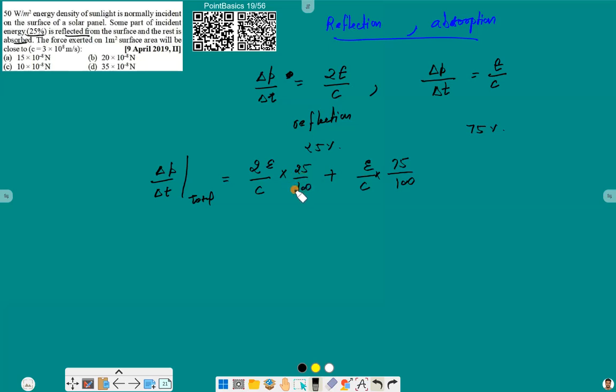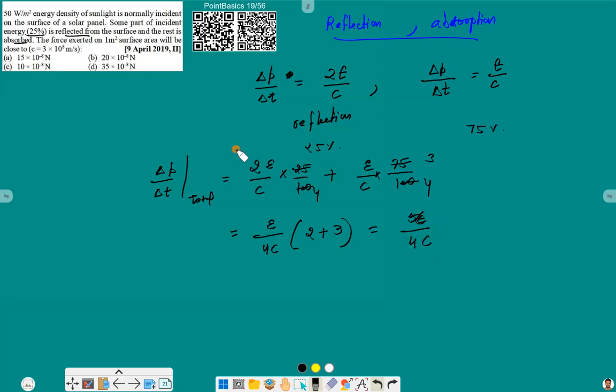And what we can do here, this will be 1 by 4, this will be 3 by 4, and we can take E by 4C common, and this will be 2 and this will be 3, so this will be basically 5E by 4C.